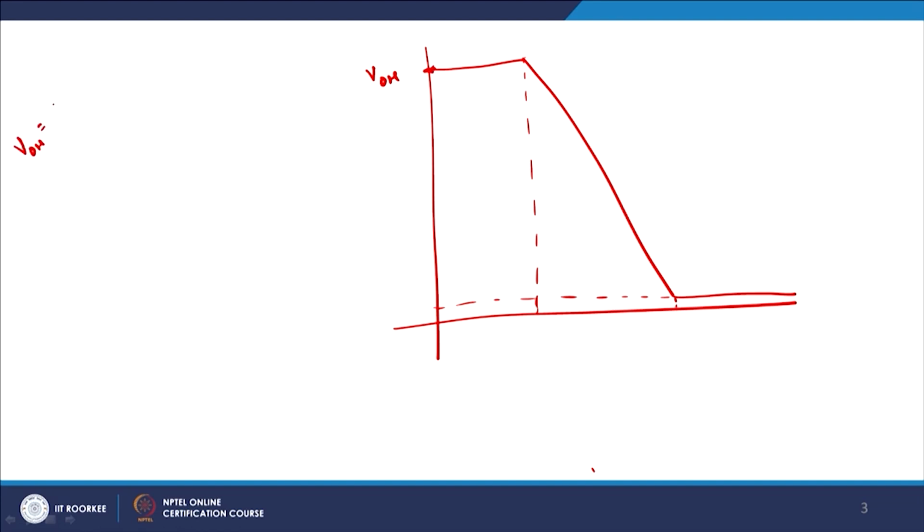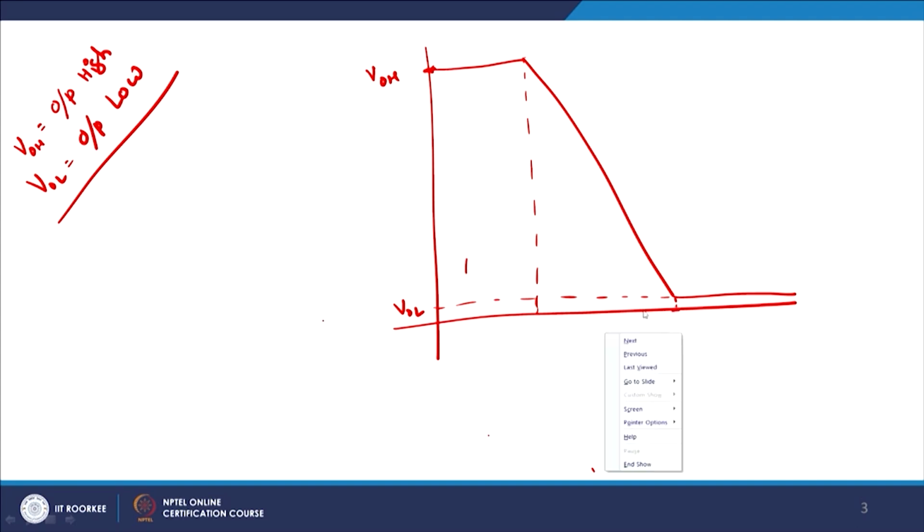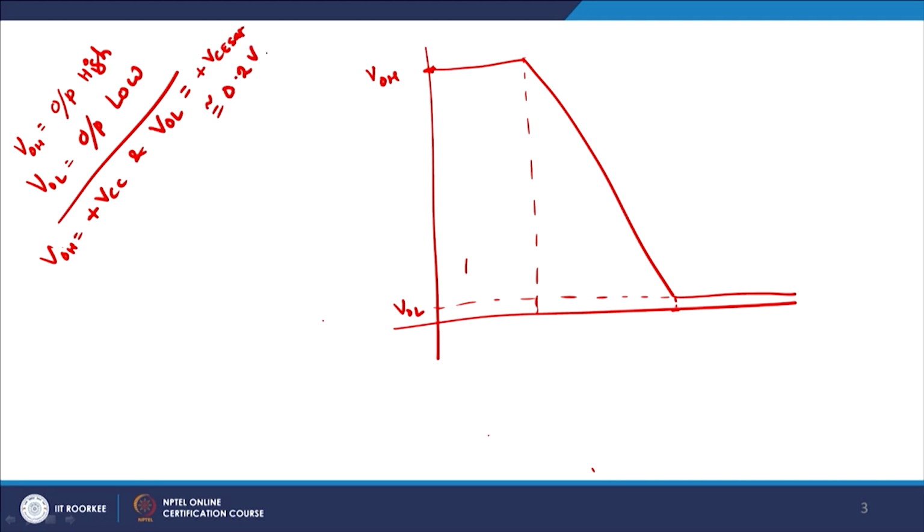VOH implies output high, and this is VOL. So VOL is output low. In our case, VOH is equal to plus VCC and VOL is equal to VCE sat, approximately 0.2 volts, fine.